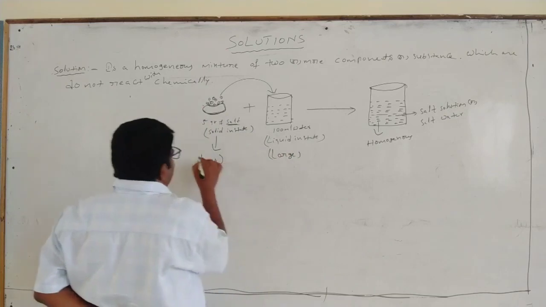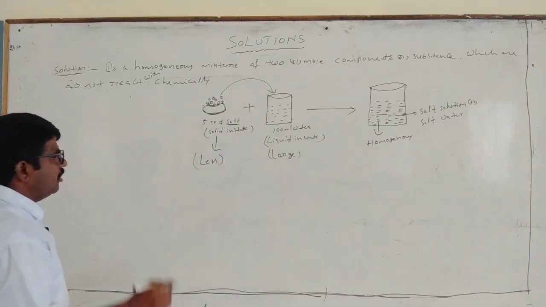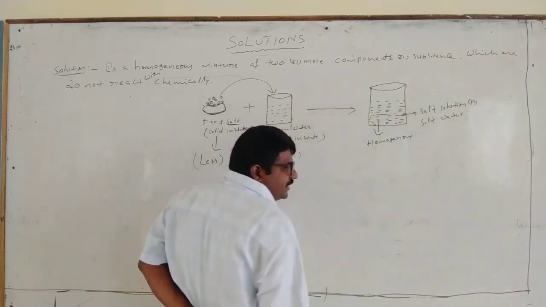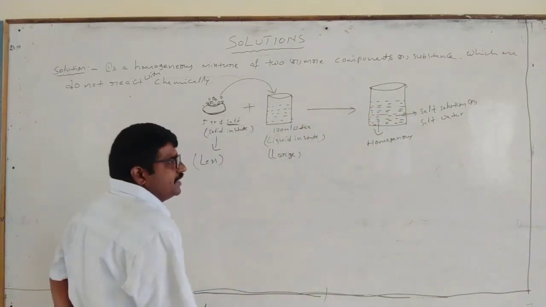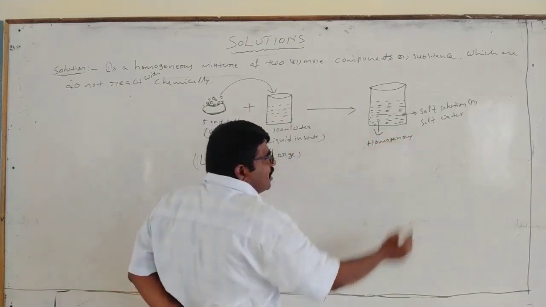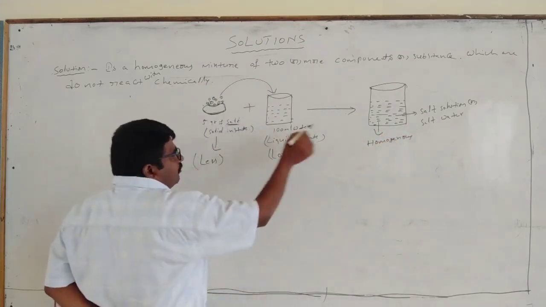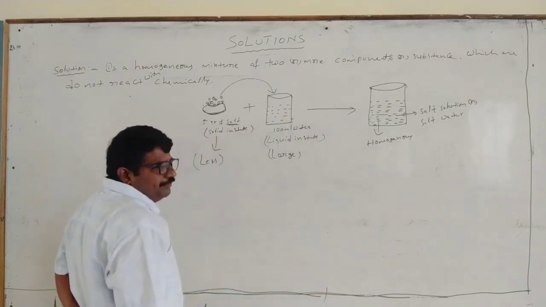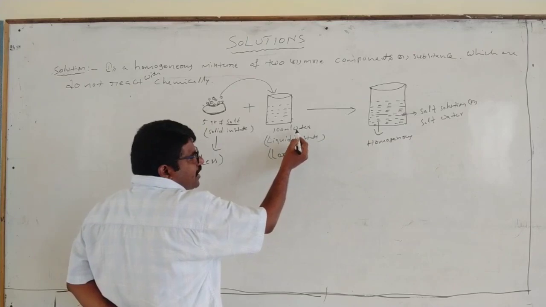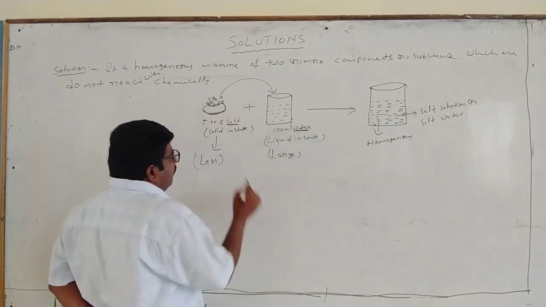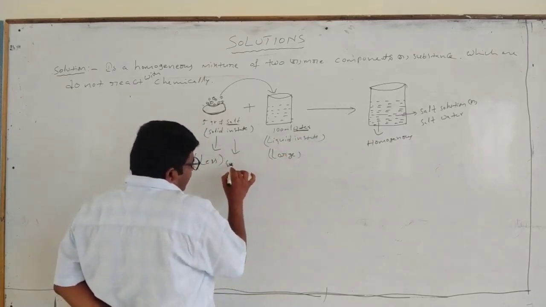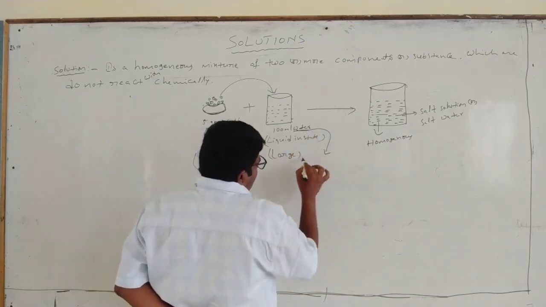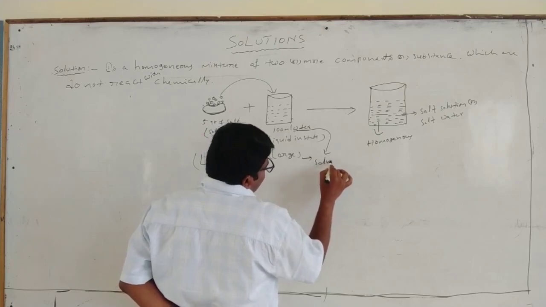Out of these two, which one is in less proportion? Salt is in less proportion, and this one, water, is in large proportion. The one in less quantity in the solution is called the solute, whereas water, which is in large quantity, is called the solvent.